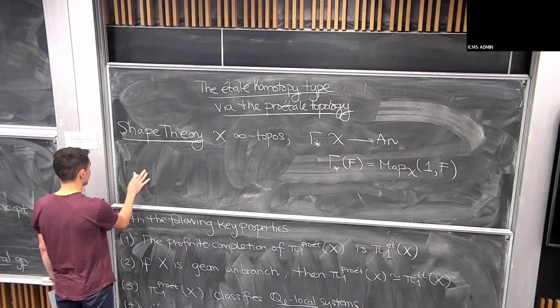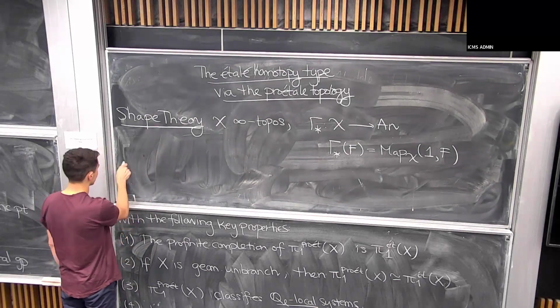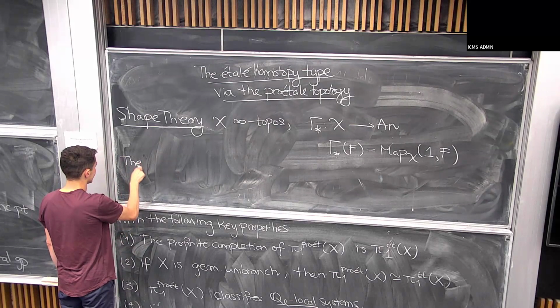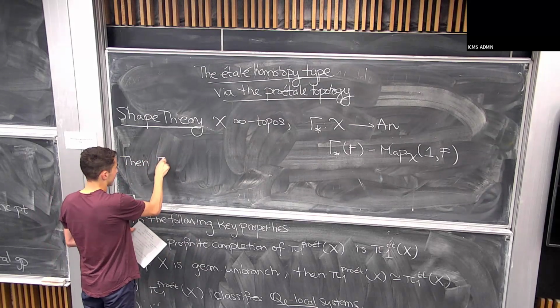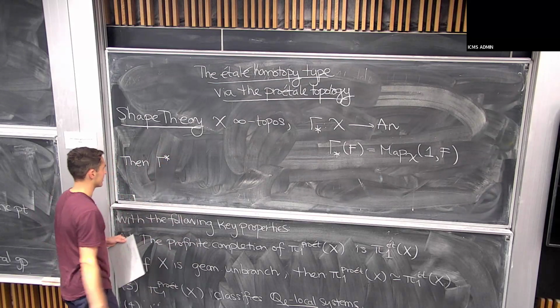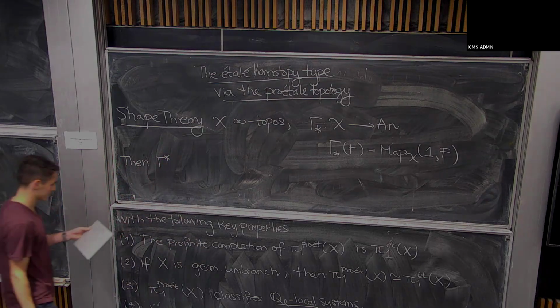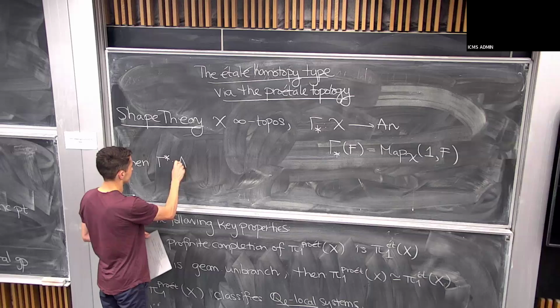And by some generalities on universal properties, it has a left adjoint, which I call gamma upper star. That's some version of the constant sheaf functor.